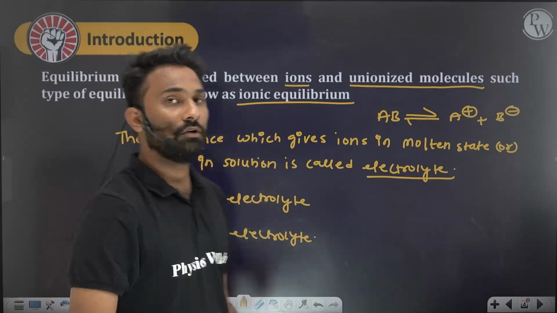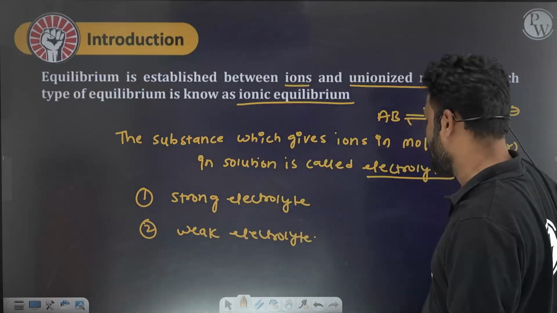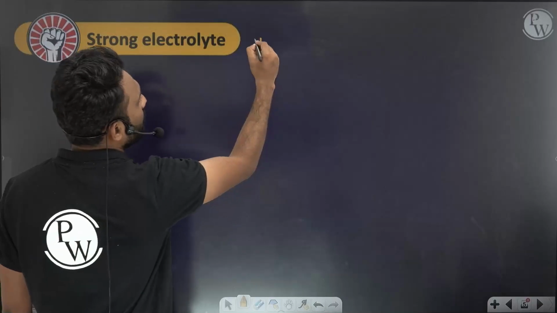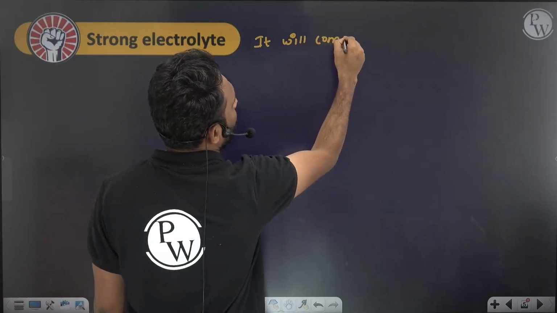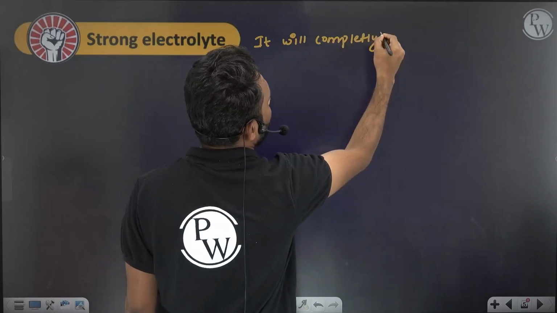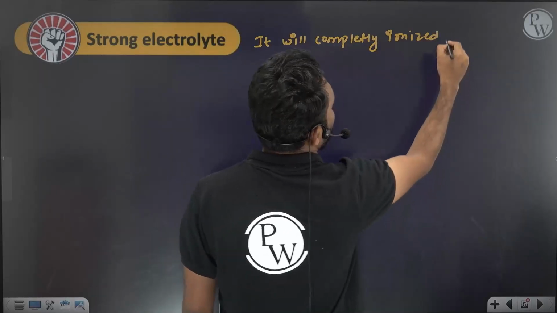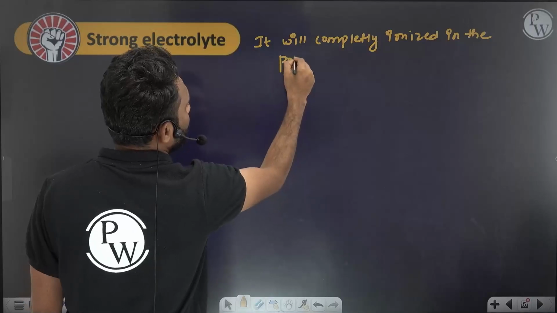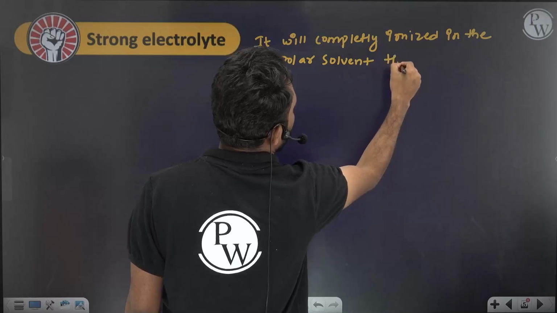Let's see. A strong electrolyte is one that is completely ionized in a polar solvent.